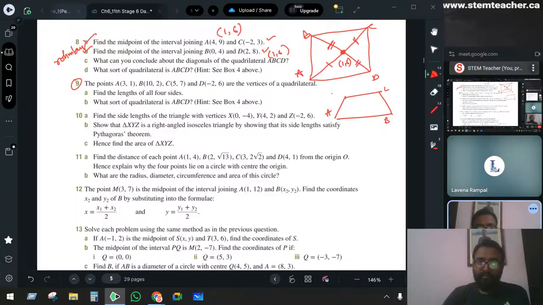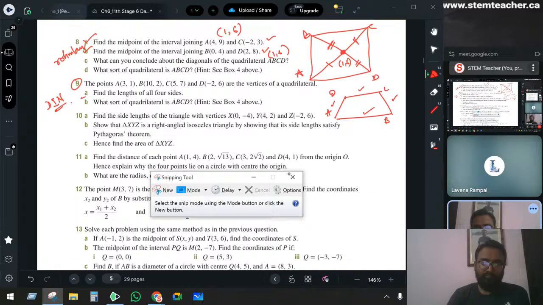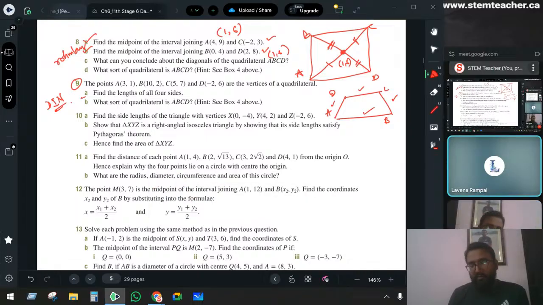Find out all lengths AB, BC, CD, DA, and you have to decide what kind of quadrilateral it is. Please do it now. Find out all four lengths.